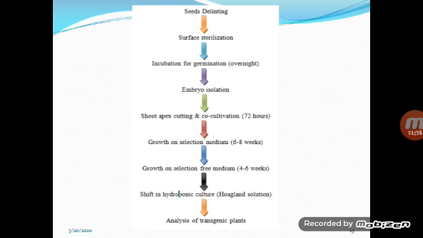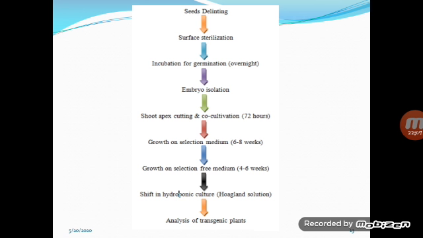First is seed delinting. Cotton seed should be delinted, removing the cotton properly from the seeds. Then these seeds should be surface sterilized. After surface sterilization, incubate for germination overnight in water.